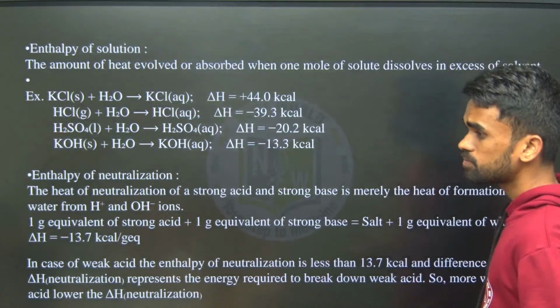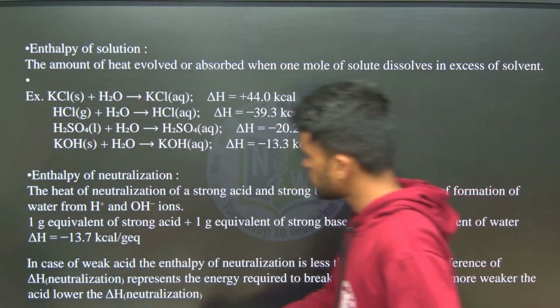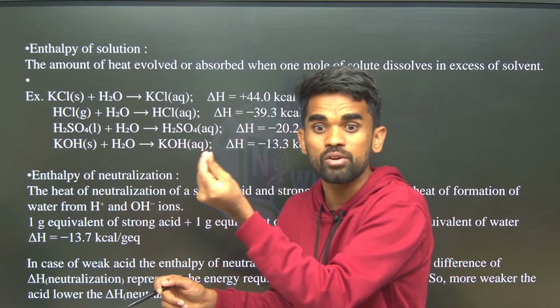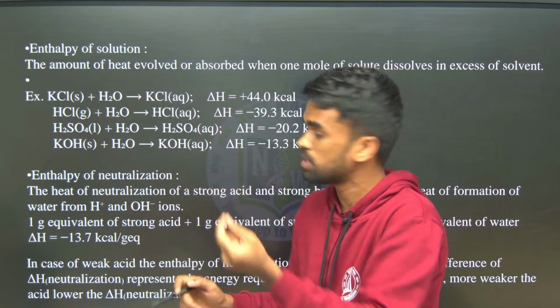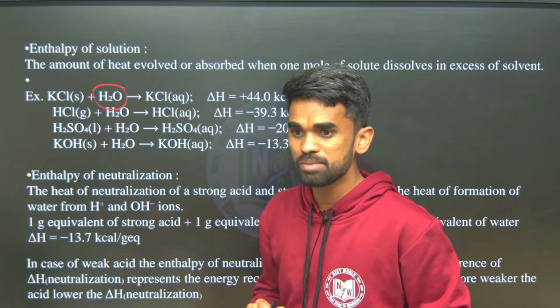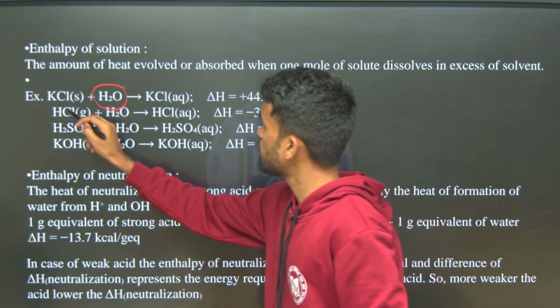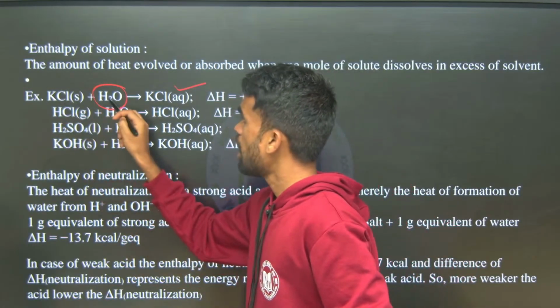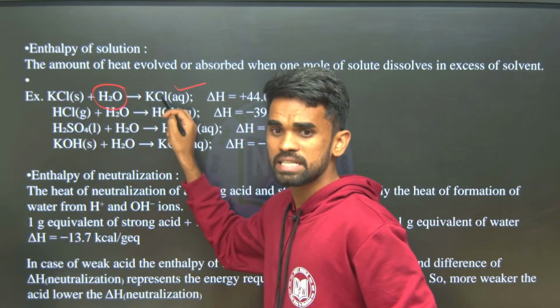Next, enthalpy of solution. Instead of adding a particular amount, like the 5 H2O molecules you saw previously, if we add an excess, large amount of water or solvent, it becomes a solution of that particular substance. Like KCl, adding a large amount of water, it becomes KCl solution.